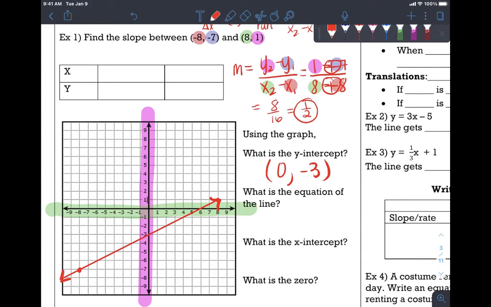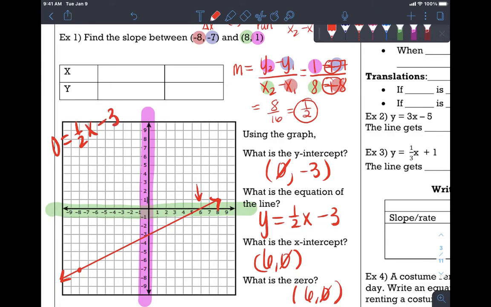So now I'm going to go ahead and say, all right, my equation is y equals 1/2 x minus 3. So now I'm going to look for the x-intercept. That's going to be here. That's going to be 6, 0. Same thing for my 0. Now, if I needed to calculate this because I couldn't really tell what it is, I could also just change my y to a 0.